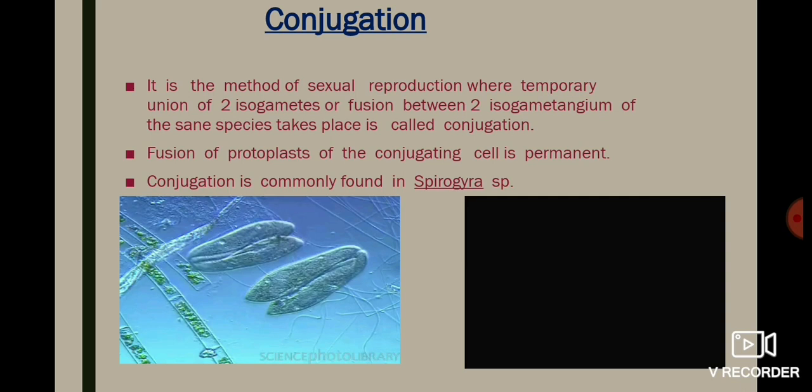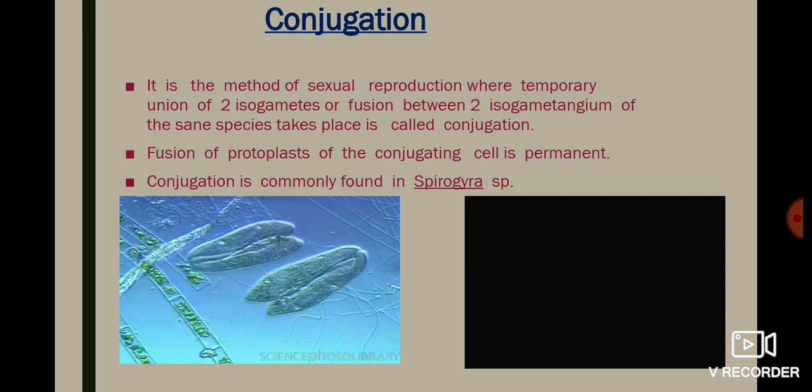The fusion of protoplasts of the conjugating cells has to be permanent in nature, because once the protoplasts of the conjugating cells get fused, they cannot detach back, or reverse the action. Conjugation is commonly found in Spirogyra.